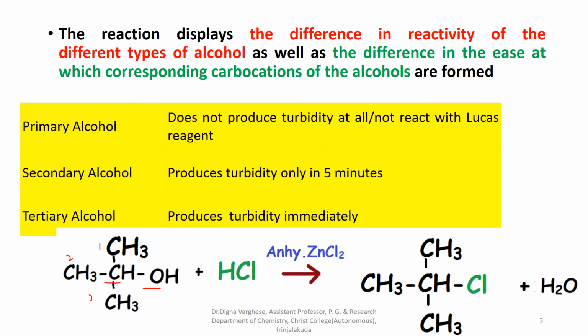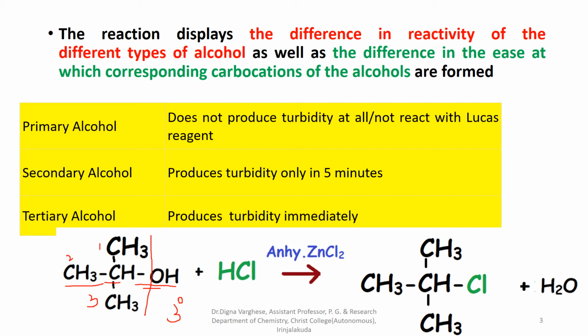Okay. So it's a tertiary alcohol. So it is a 2-methylpropanol. The main carbon chain is propane. 2-methyl is the substituent, and 2-hydroxyl is the alcohol part. So it is 2-methylpropan-2-ol.